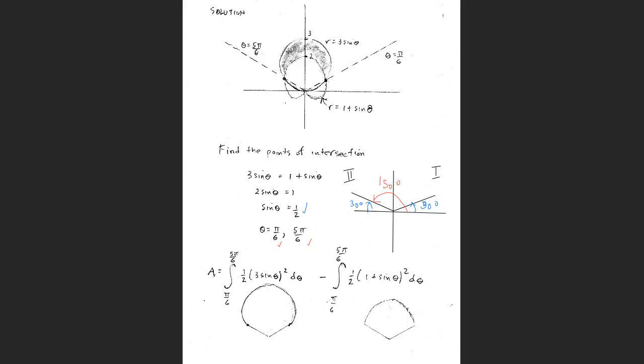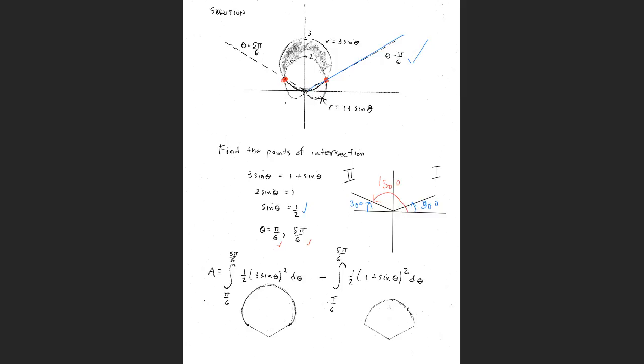When I draw my graph here, there are the intersections in red. I draw these rays, and this ray here is going to be theta equals pi over 6.